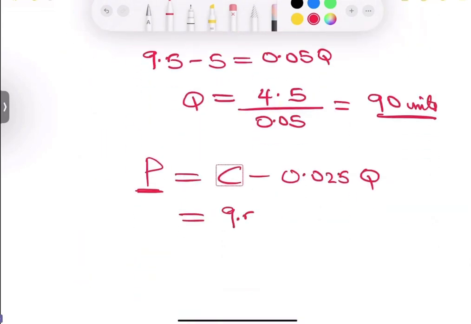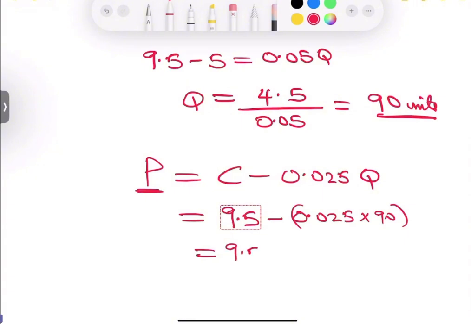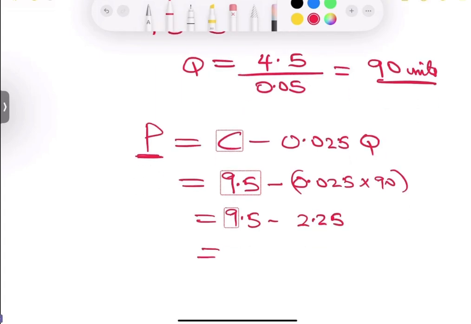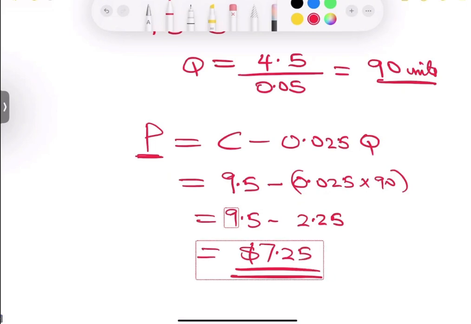So that means 9.5 minus 0.025 times 90. That's 2.25. And if you deduct that from 9.5, that gives $7.25. So that is the price that we should be charging.